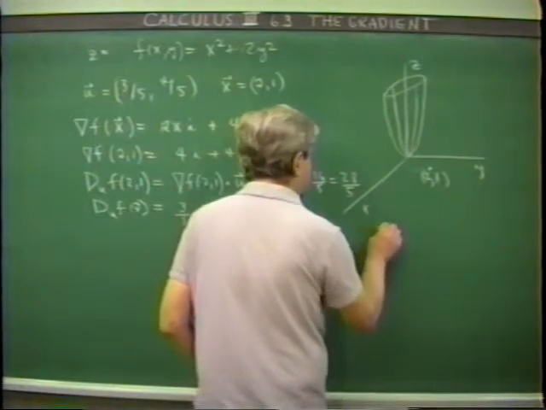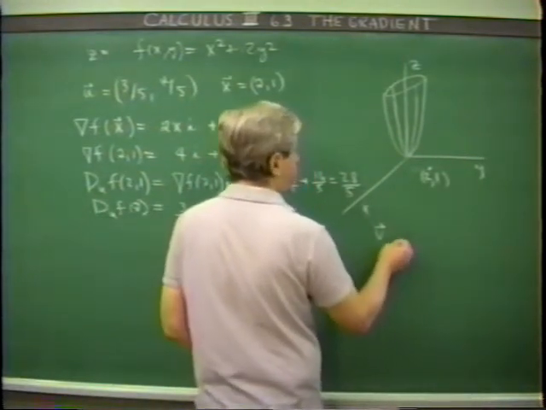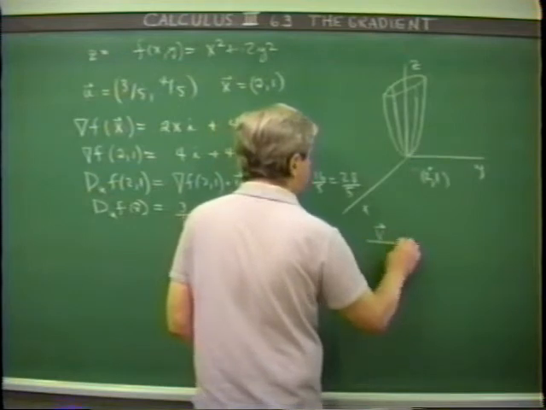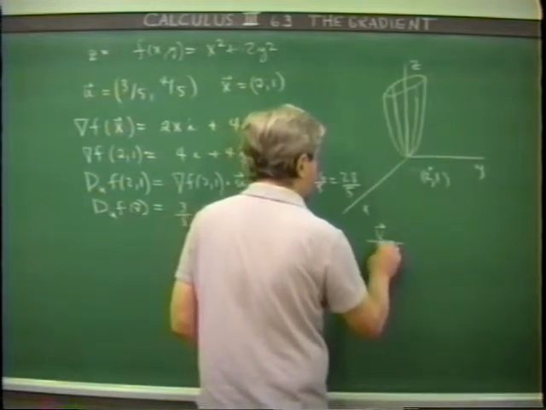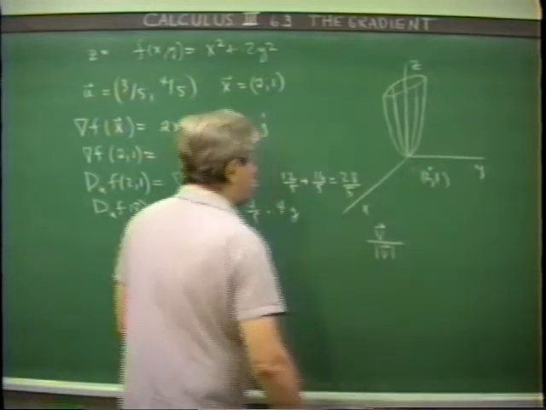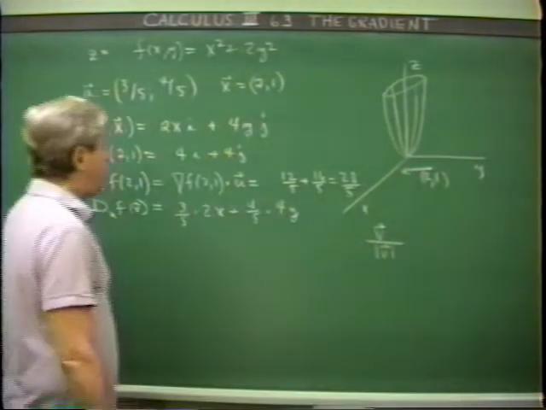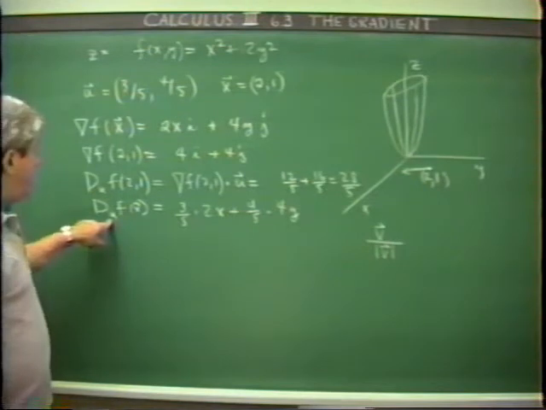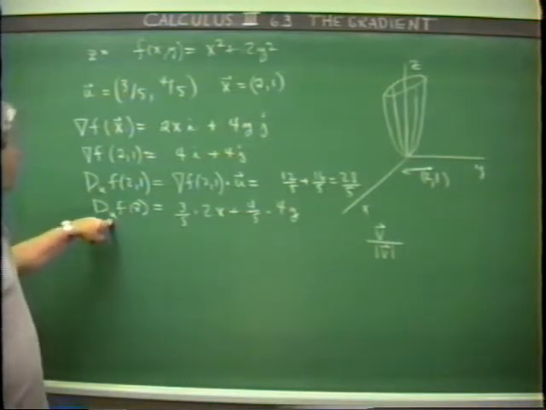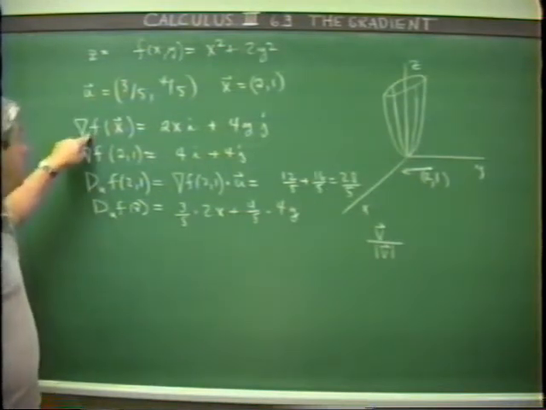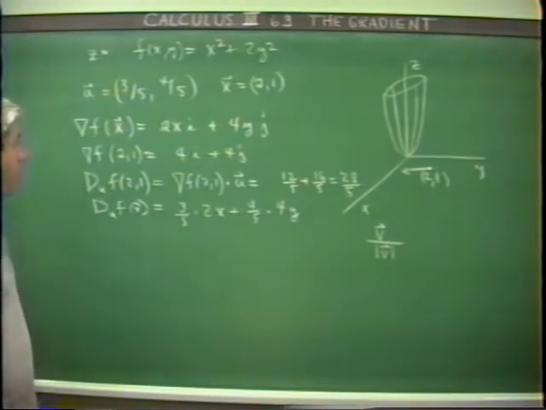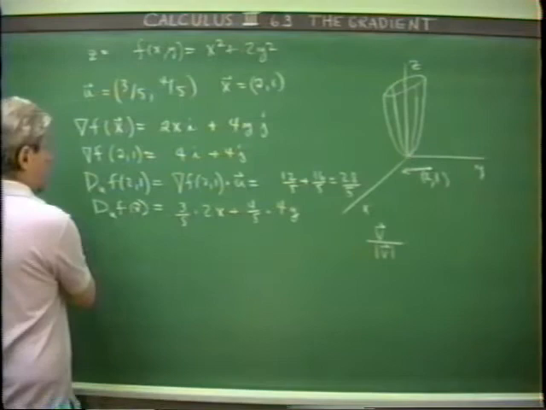If we had a direction v that we were interested in here, you can always get a unit vector in a direction v by taking v and dividing it by the magnitude of v. So creating a unit vector in a particular direction here is not difficult. And then if you want the directional derivative in that direction, the easiest way to do this is to compute the gradient and take the dot product of the gradient with the unit vector.